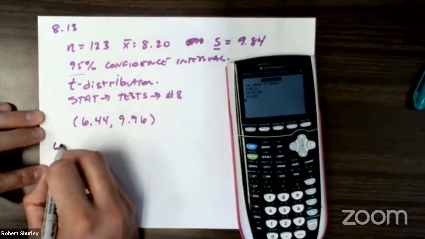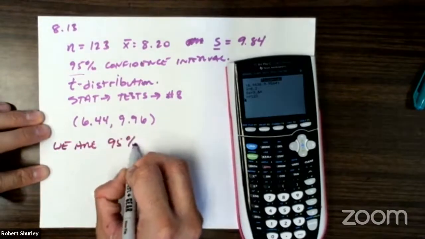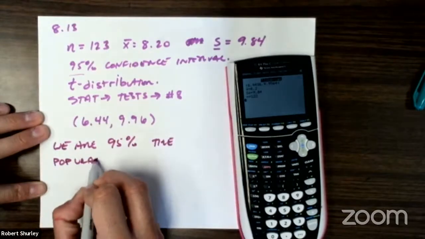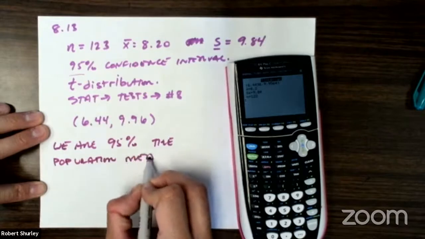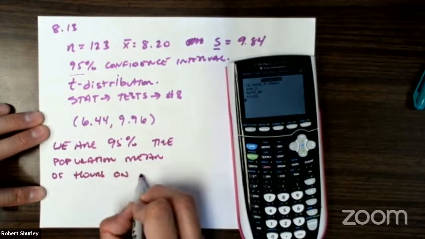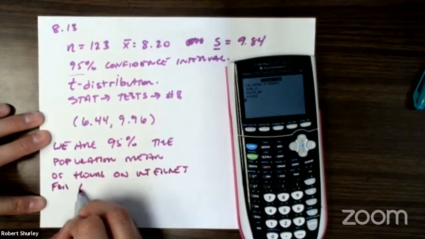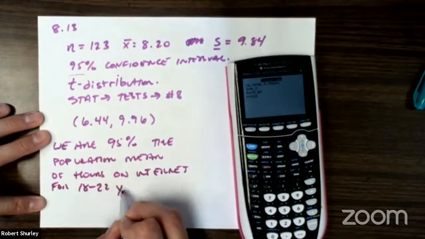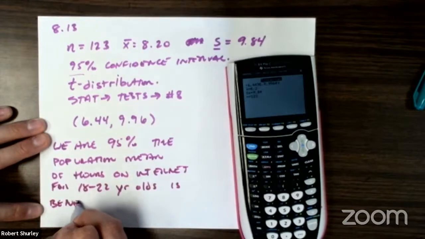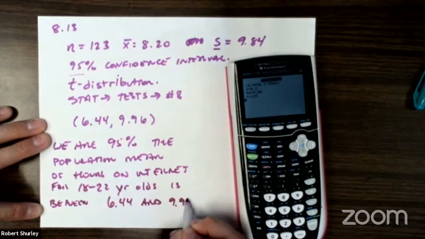Look, and this is what's important. We are 95% confident the population mean of hours on the internet for 18 to 22-year-olds is between 6.44 and 9.96.